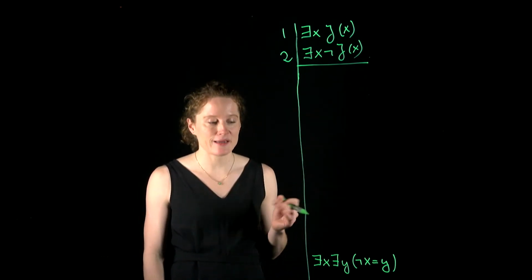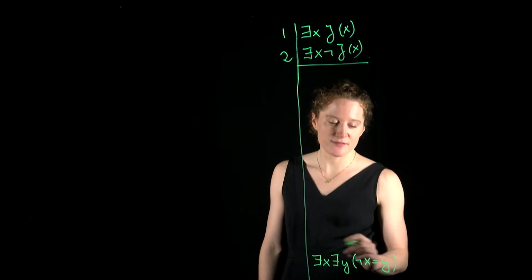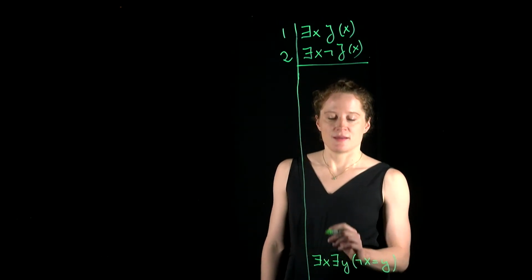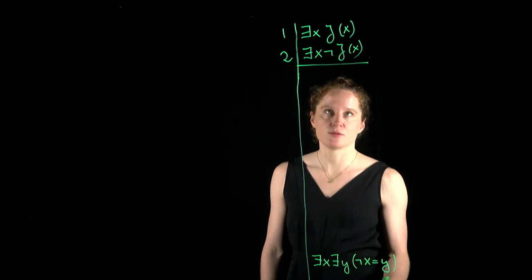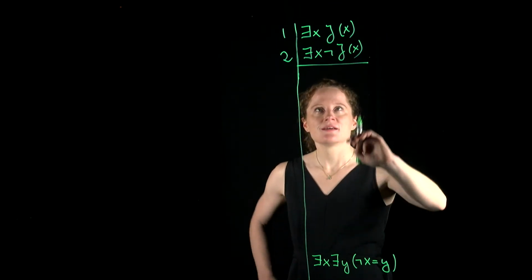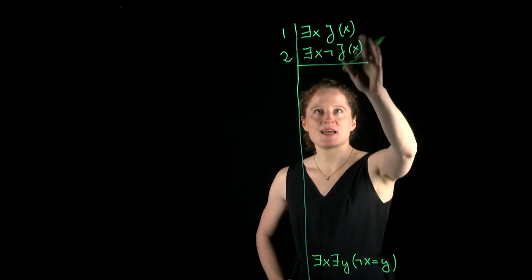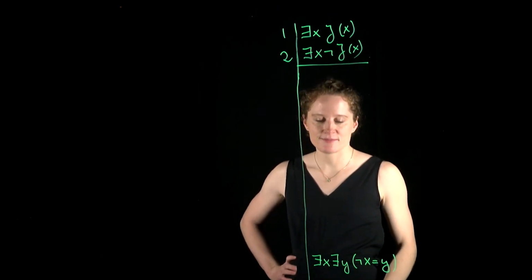Let's see why. So I do want to prove an existentially quantified sentence of the form there is an x and there is a y such that x is not identical to y. And I have two premises to work with. There's an x such that jx, and there's an x such that not jx.